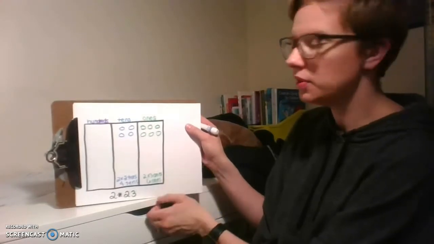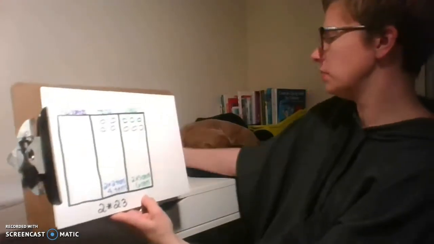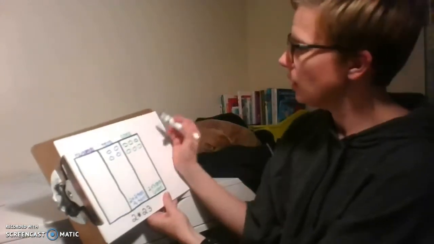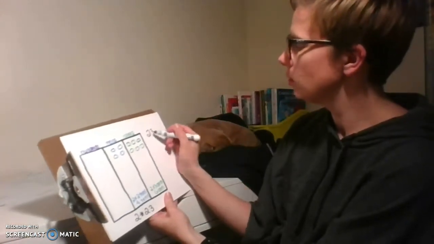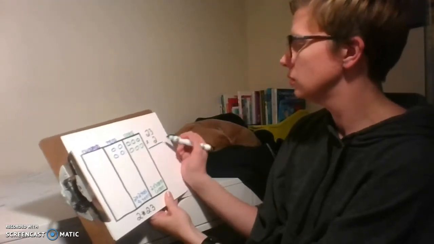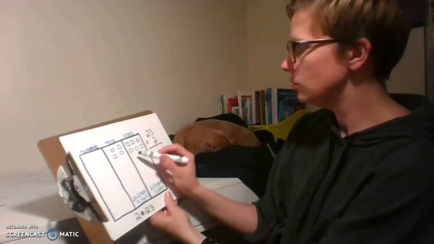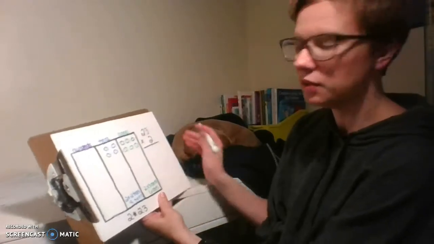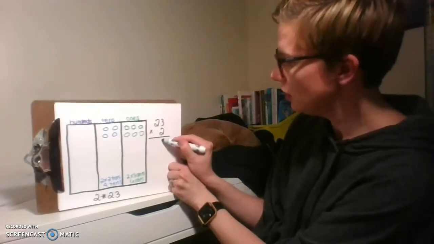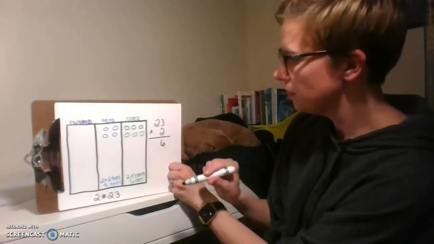Let's practice representing that vertically, because that's how we typically would be doing a multiplication problem. So when I come up here, I have 23 times 2. Right? 2 times 3 in my ones place gives me 6.